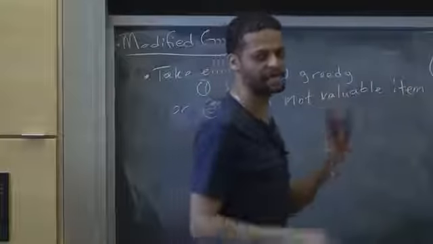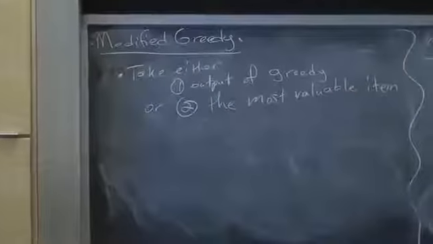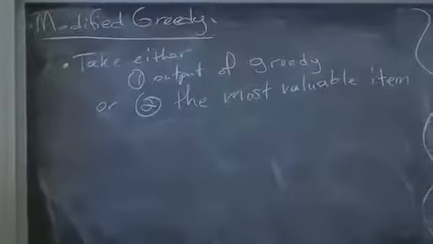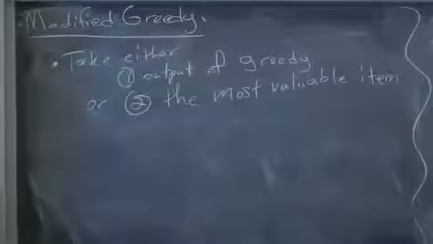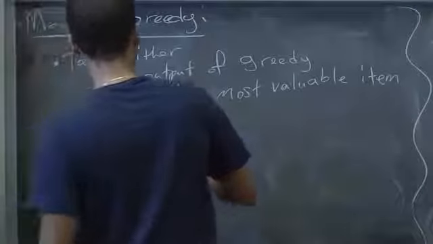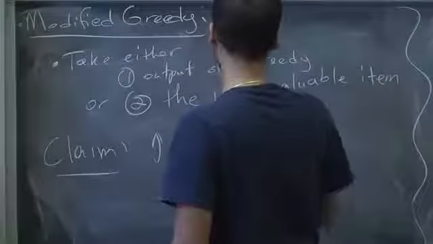I'm imagining that I've already filtered out items that have weight bigger than W. I mean, if an item has weight bigger than W, there's no reason to acknowledge its existence. Okay, so the claim is that this algorithm is a 2 approximation.